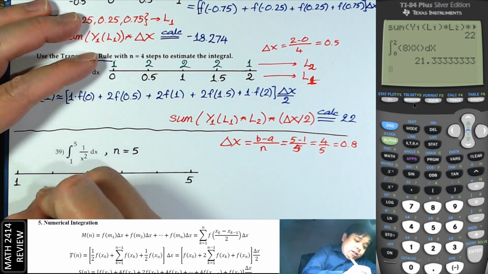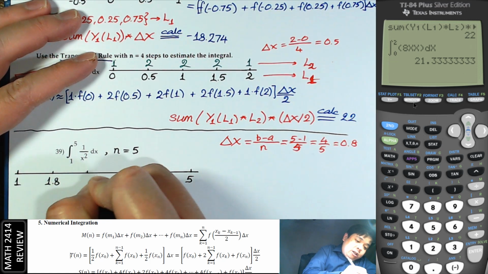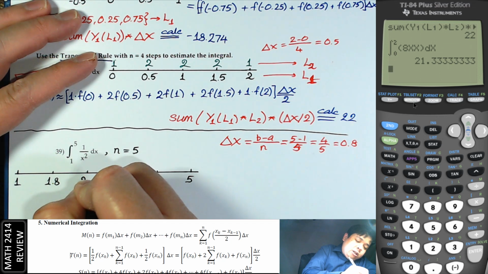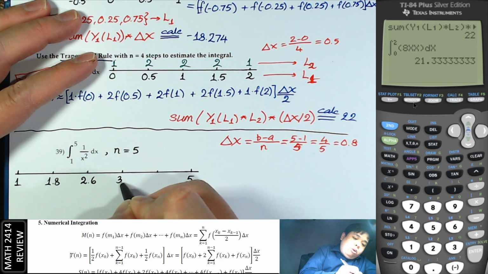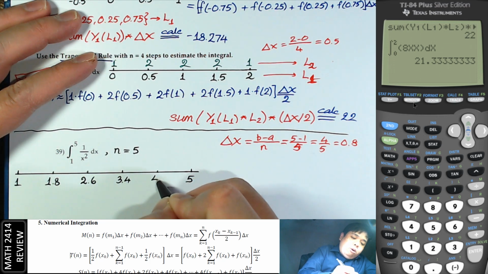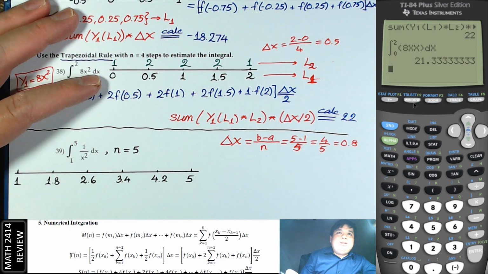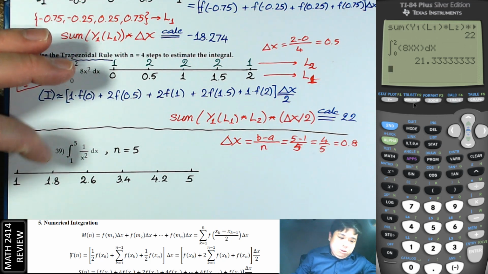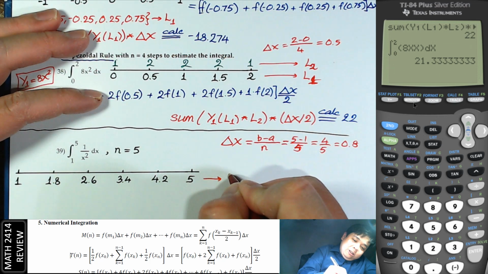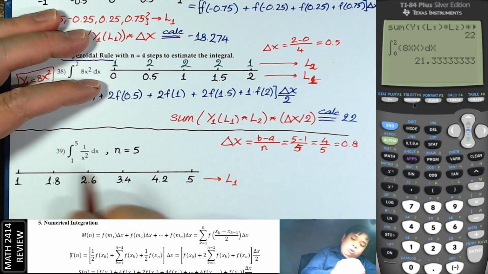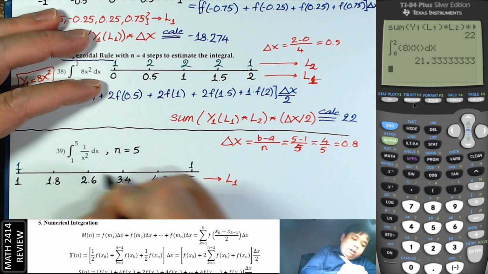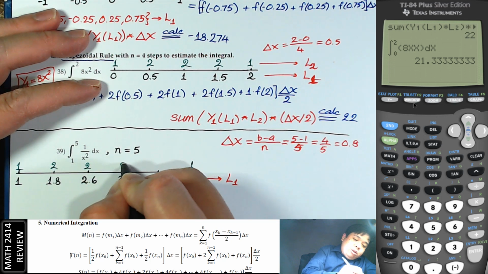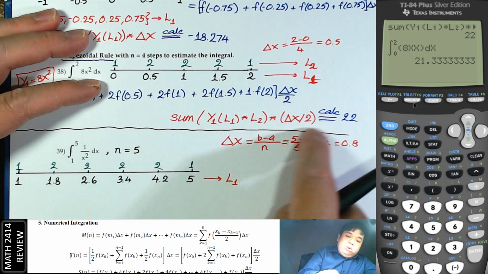So 1, 1.8, 2.6, 3.4, 4.2, and then 5, right? So this will be L1. L2 will be the coefficients: the ends will be 1, everything in the middle we have 2, and the rule is that.